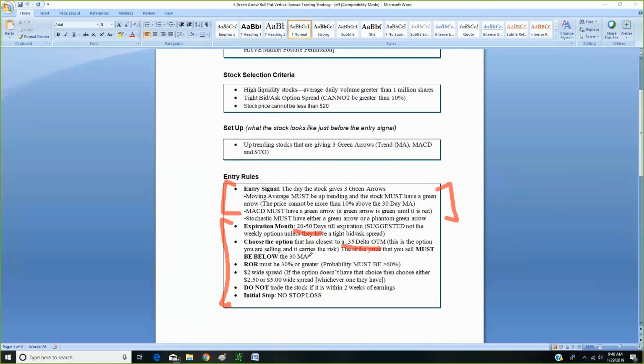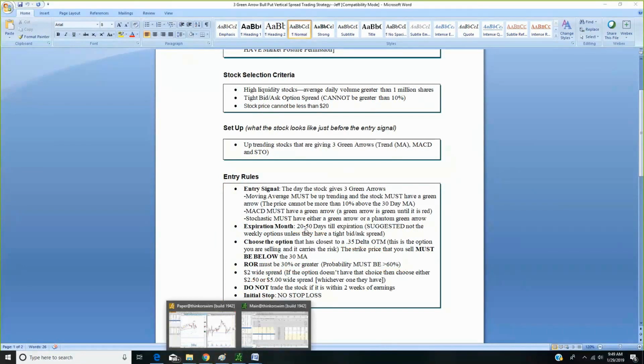Okay, so if you're doing a different strategy, you just swap that out to sell it below support. So the 30-day moving average or support, whatever's lower. You're looking for a 30% return on your money and a probability of 60%. We're looking to do $2 wide, so take this and substitute it in, right? That's what we're looking for on our bull put spreads.